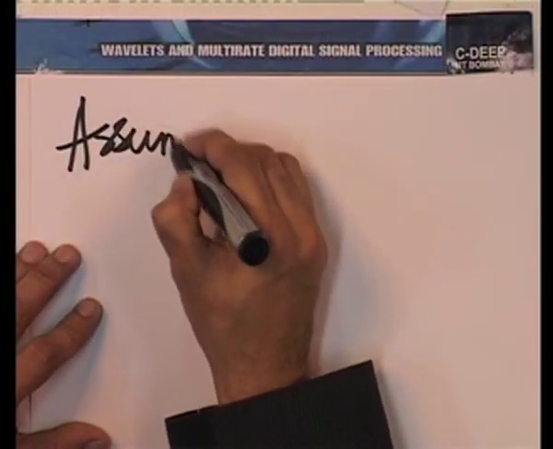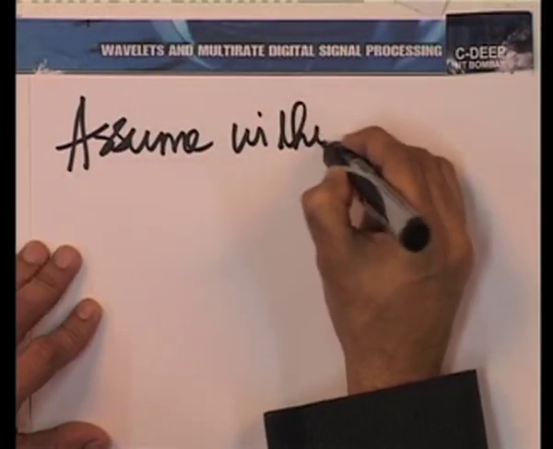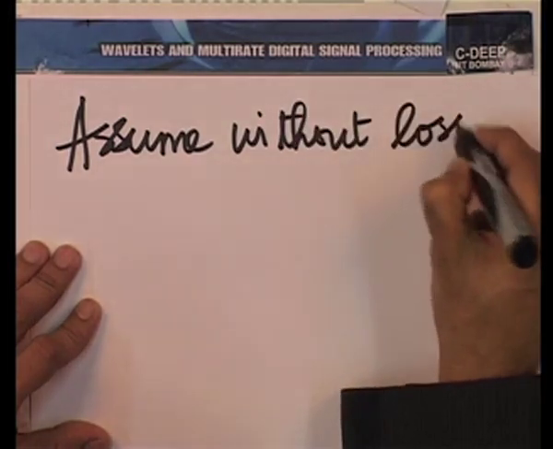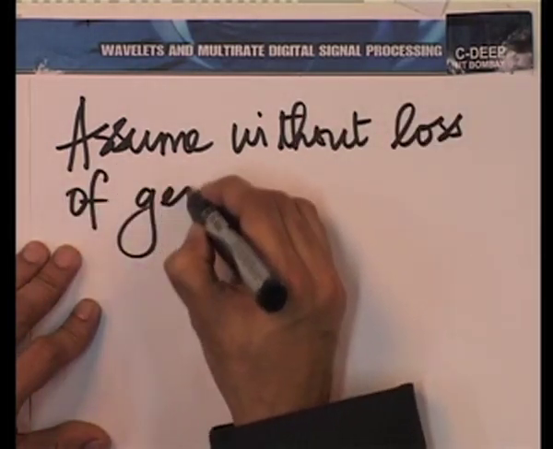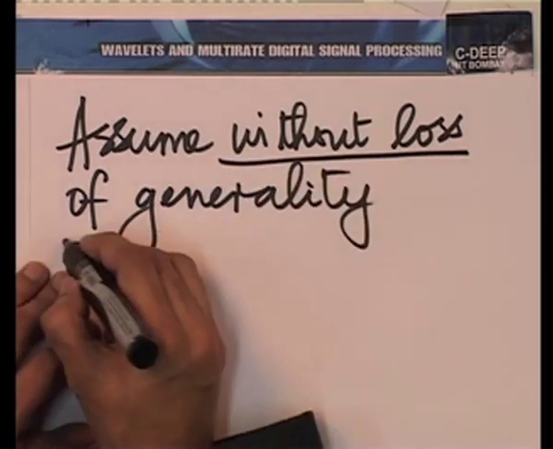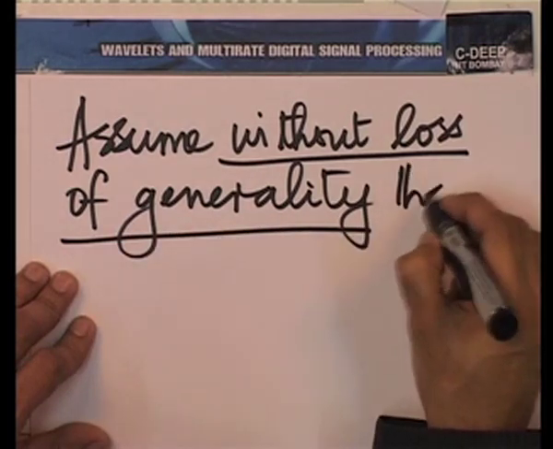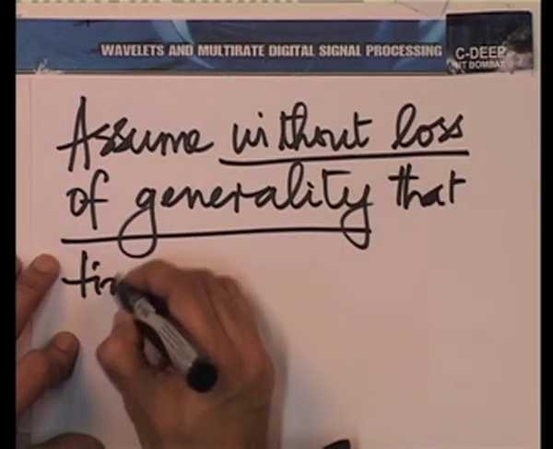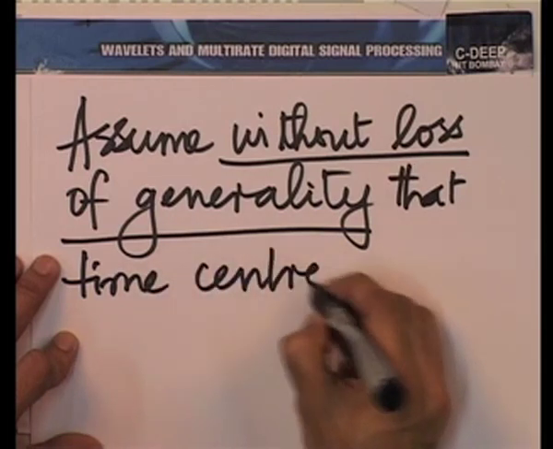Now, what we shall do therefore is to do away with the requirement of time and frequency center. So, let us first, to answer this question, assume without loss of generality, and this without loss of generality is because of all that I just said, that the time center and the frequency center are both 0.